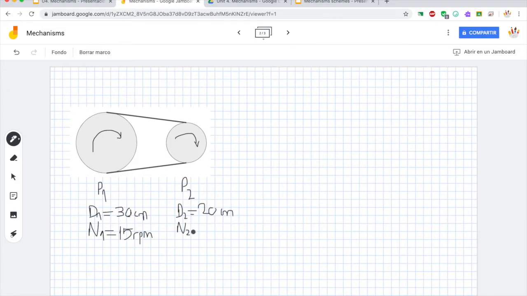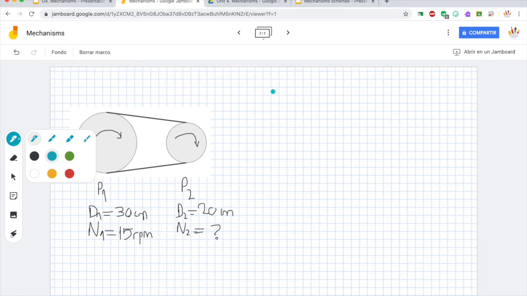So what do we want to calculate? Well, the final speed. So very easy here. What do we do here?